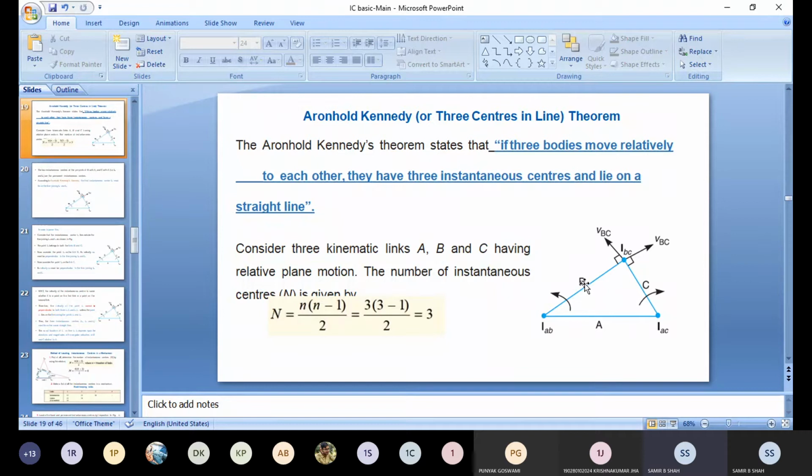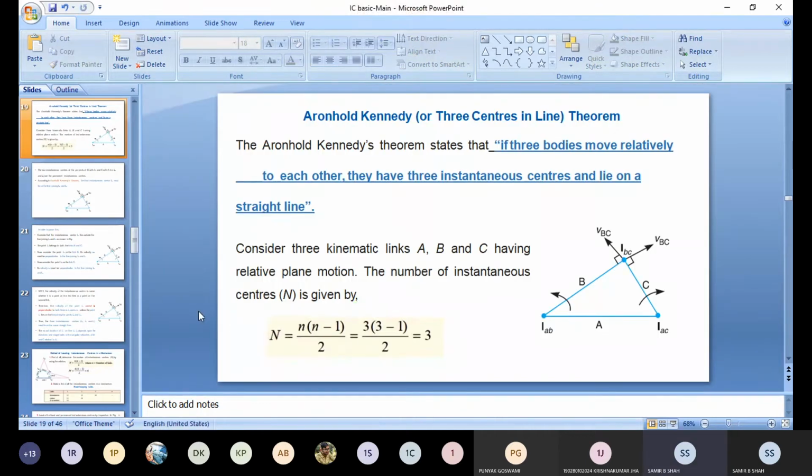Suppose I have three bodies and all three move relative to each other. Then we get three IC centers, and all three lie on a straight line.